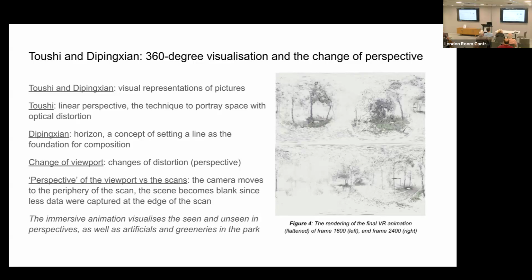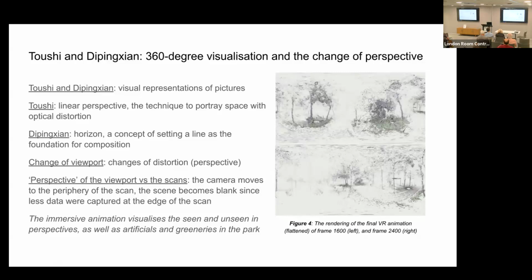And I use the change of viewports to incorporate some changes of distortion because of the perspective to suggest some motion in my animation. And I introduced the concept of perspective of the viewport, which means the linear perspective because of the virtual camera simulation, and also the perspective for the scan, because the scan is based on the position of the scanner.